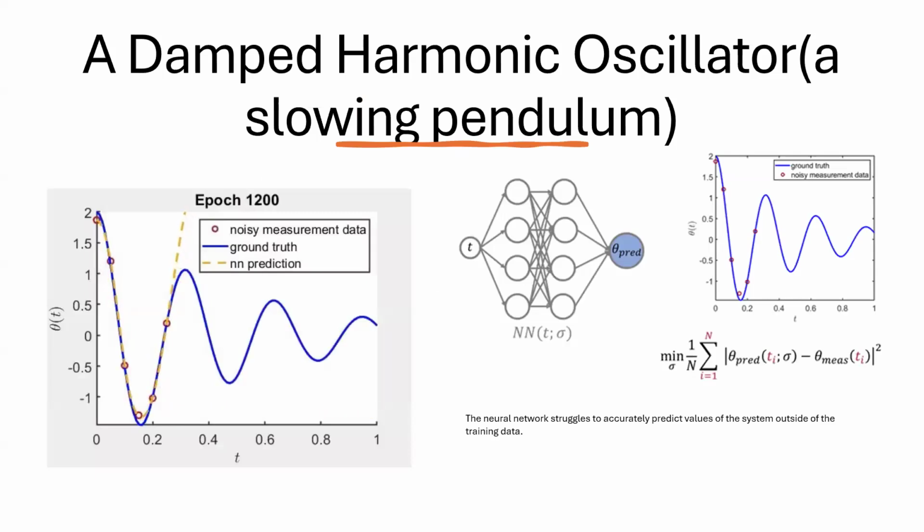Suppose we have a pendulum, and we have data points of the pendulum where it oscillates like this. We can take an image of this and train the neural network to predict the next point, or rather, to predict where the theta of t value is as time goes. But suppose we have, in this case, 5 data points.